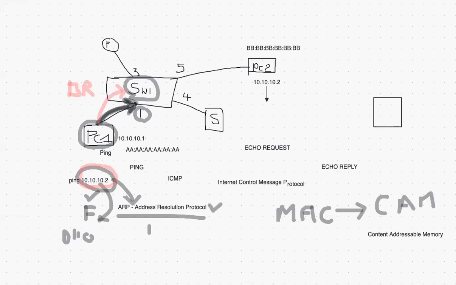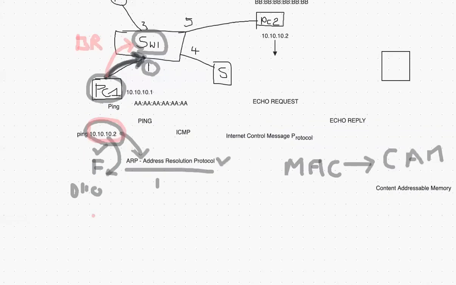What will the broadcast message have? The broadcast message will say, who is 10.10.10.2?